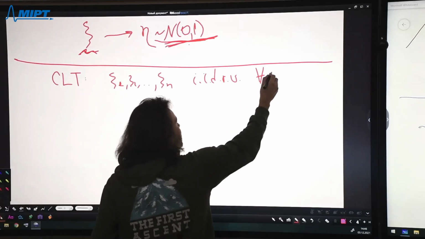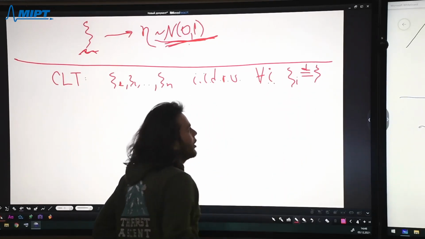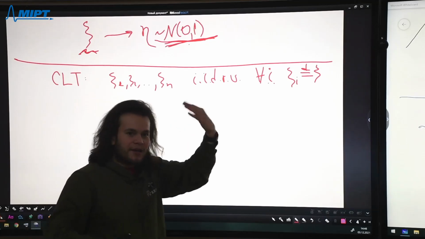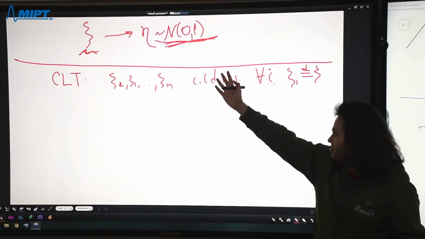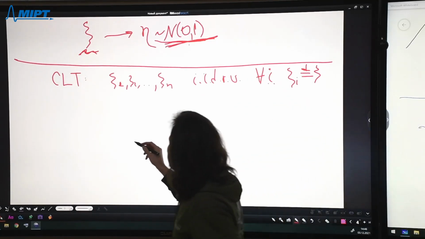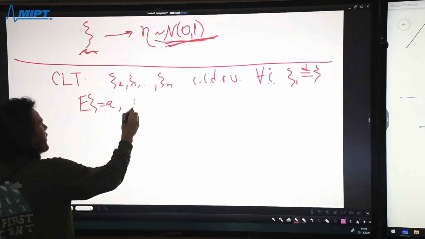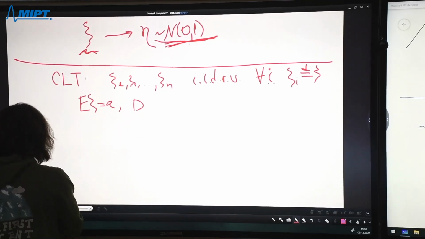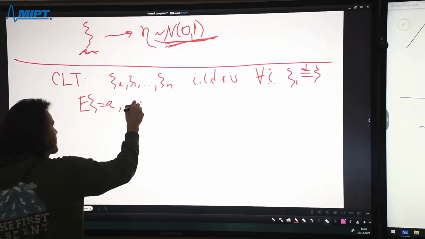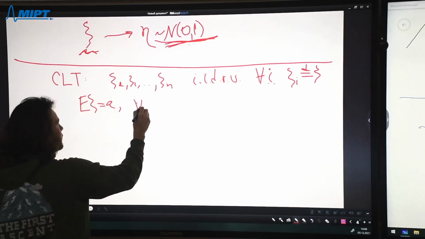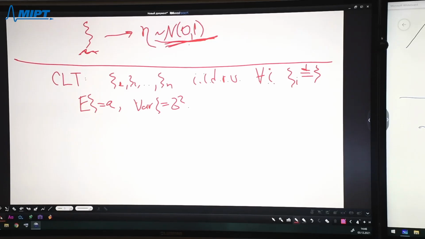For every i, psi i has the same distribution as psi. It's like having psi many times, psi, psi, psi; we just call them psi 1, psi 2, and so on, because we need this distribution. And we say that the expected value of psi is A and the variance of psi is sigma squared.